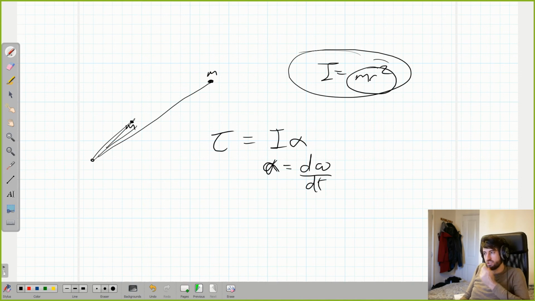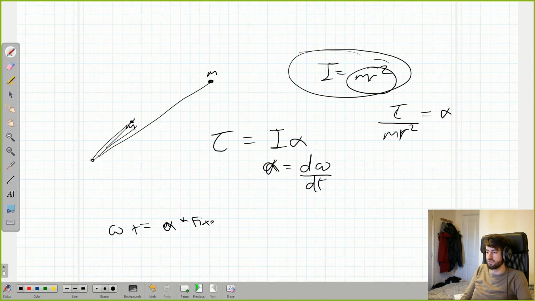So you add a torque, it's going to calculate the m and the r squared itself and use that. The tau that you give it divided by the mr squared will give it the alpha that it uses, and then the alpha is the d omega by dt. So then it will do omega plus equals alpha times fixed delta time, right?